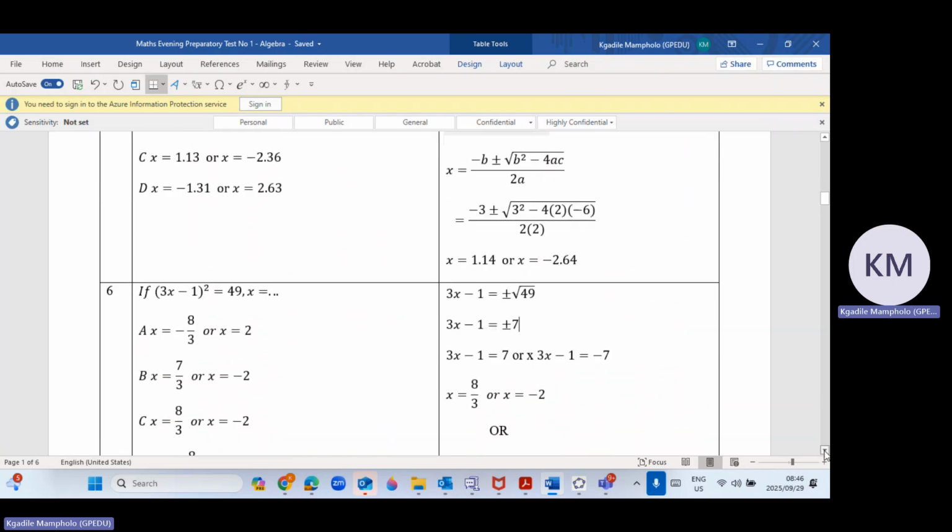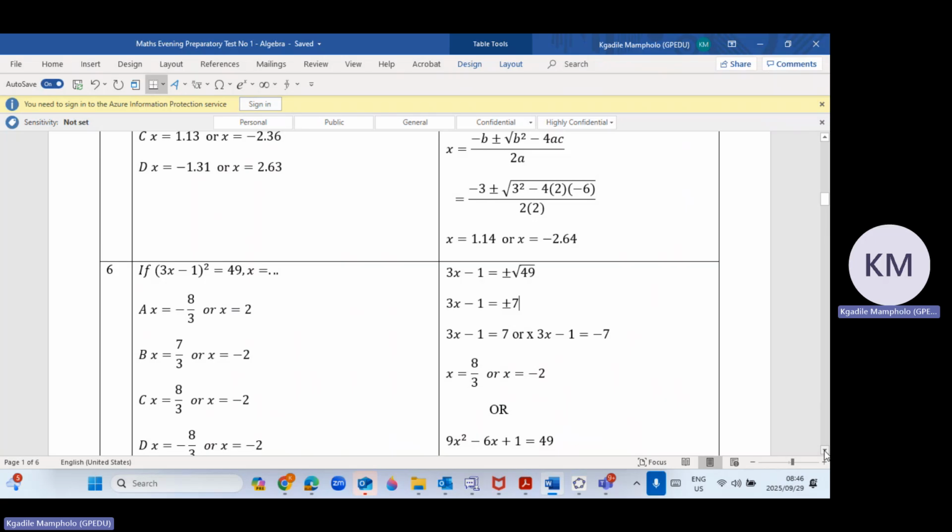Number 6. You can see also here it is not in standard form. Remember, when you remove a square on one side, you put a square root on the other side. Cube, you put cube root. Exponent of 4, you put the 4th root.